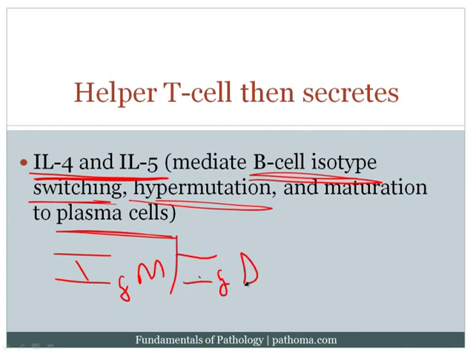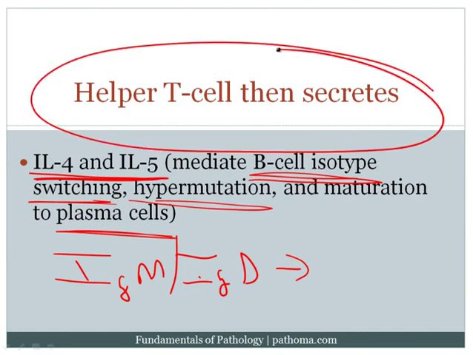But in order to go beyond IgM or IgD to be able to secrete IgG, IgE, and IgA, you're going to need to undergo this type of reaction from the helper T cell. Is that clear? And again, I'm going to highlight this a little bit later when we talk about immune deficiency.